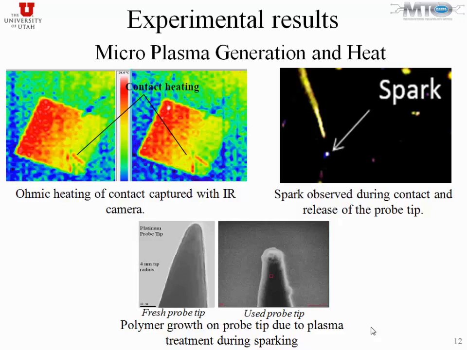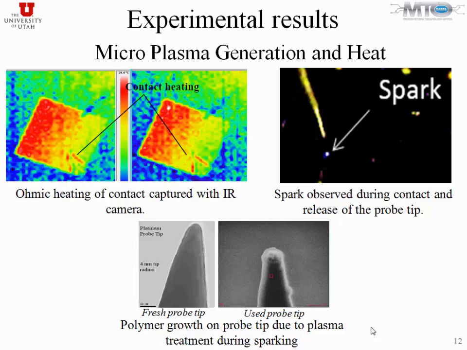So in order to understand that, we looked at this contacting process a little bit more carefully, and you can see that if the tip is energized, you apply some voltage, let's say 0.5 volt or so, and then as the AFM tip comes down and touches the tungsten sample, you can get this micro, or in this case really nano plasma generation between the tip and the sample.